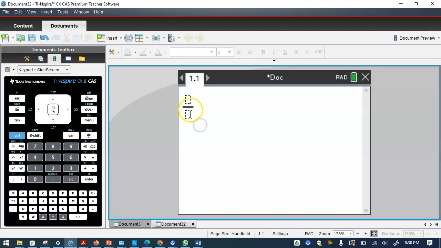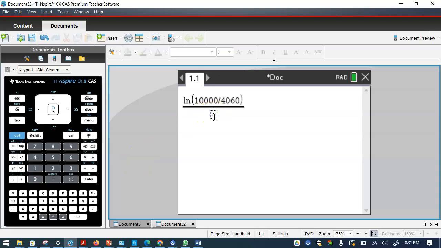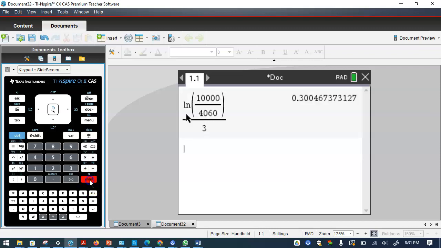So I'll put here the top one, ln of 10,000, and then divide by what is that number? 4060, and then divide here by 3 and click Control Enter, and you get point.